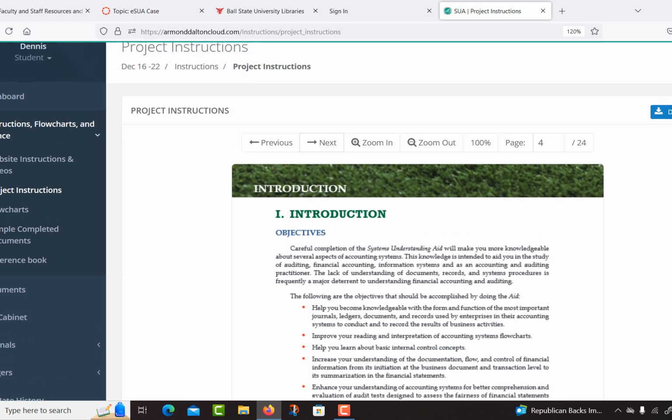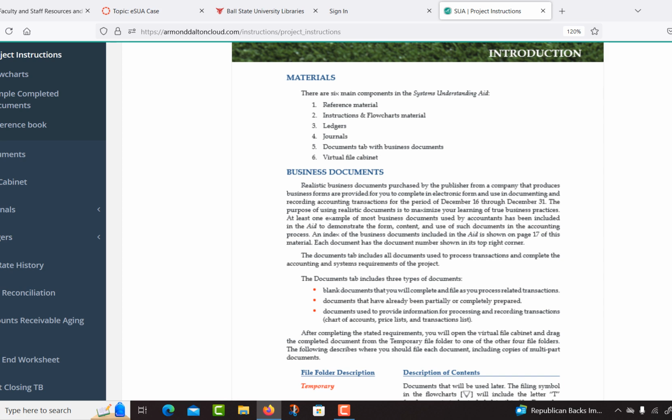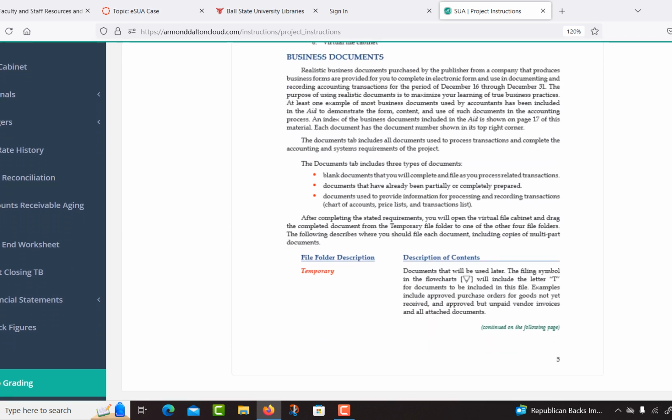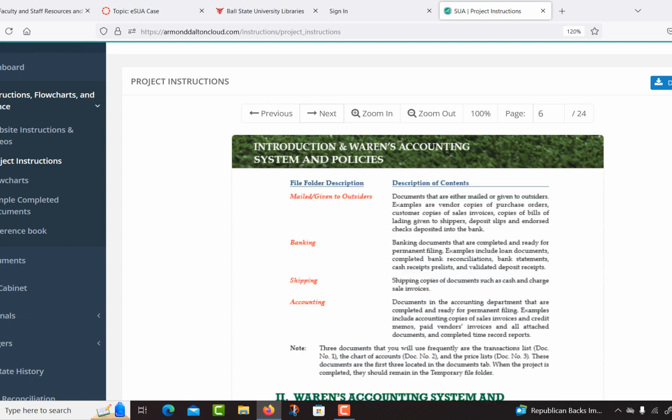And as you work through it, it's going to give you some overview of the company, Warren Sports Supply, and it will give you these file folder descriptions that you will have. You do have a file cabinet here, and that's what you'll see in this file cabinet. You have basically temporary, mailed or given to customer, banking, shipping, accounting, and so on.